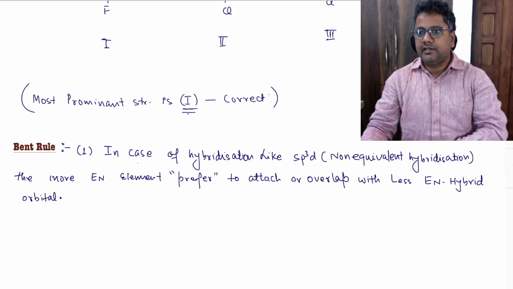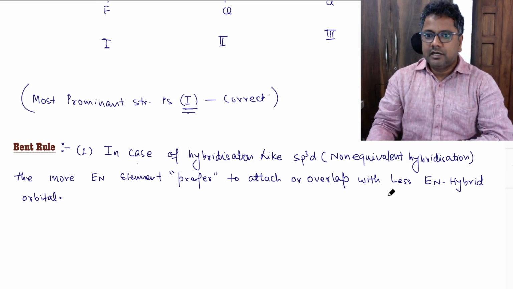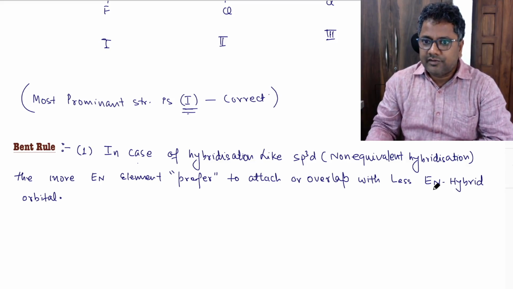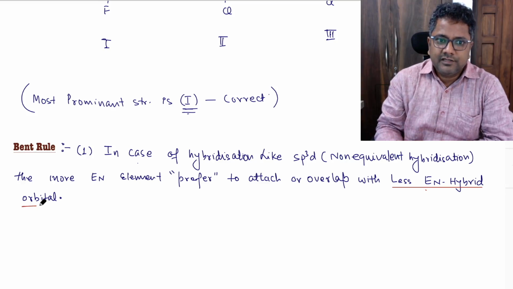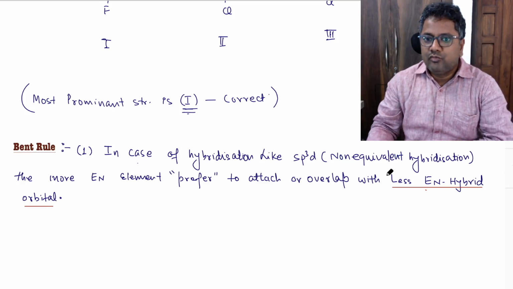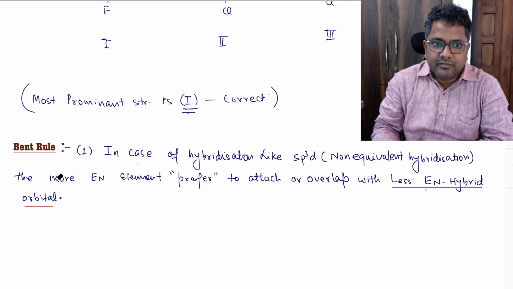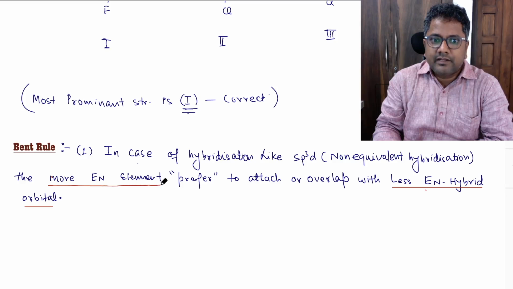See, this is very important. I mean, a theoretical general observation: the more electronegative element attaches to the less electronegative hybrid orbital. These are the keywords.